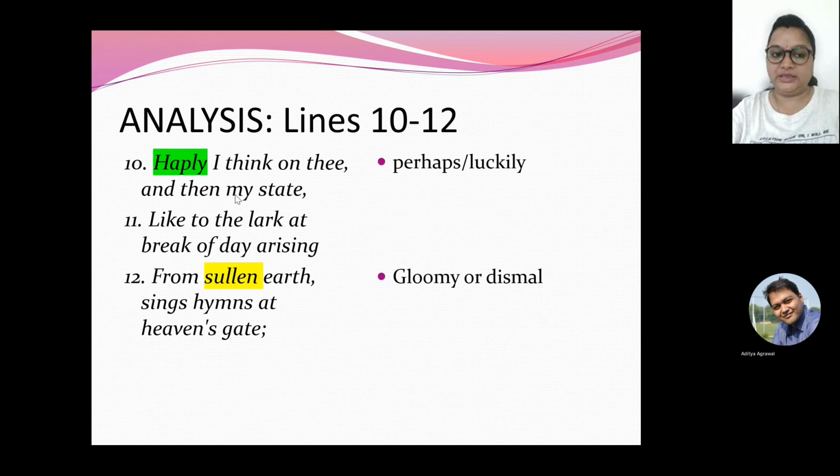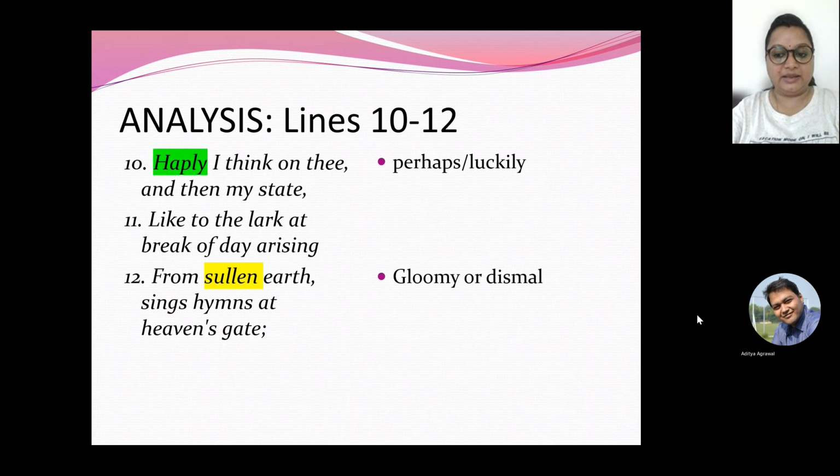Happily I think on thee, and then my state, like to the lark at break of day arising from sullen earth, sings hymns at heaven's gate. So in the tenth line, he by chance thinks of you. You is maybe the Earl of Southampton, to whom he is writing this sonnet. And then my state: Shakespeare in this line reflects on the effect that love has on his state.